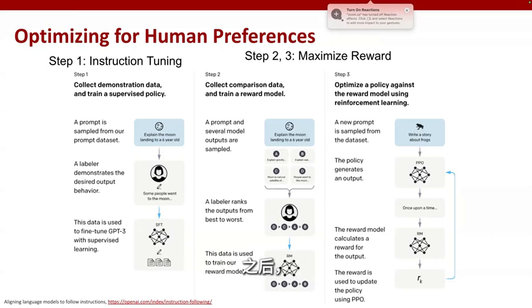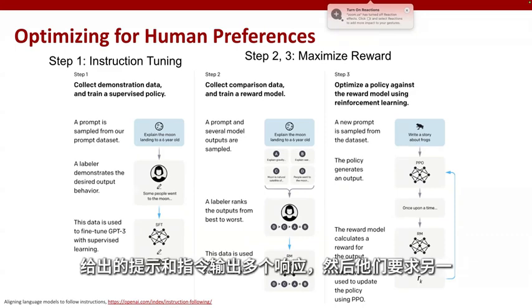After that, they have a larger set of questions and ask the model to output multiple responses given the prompt.